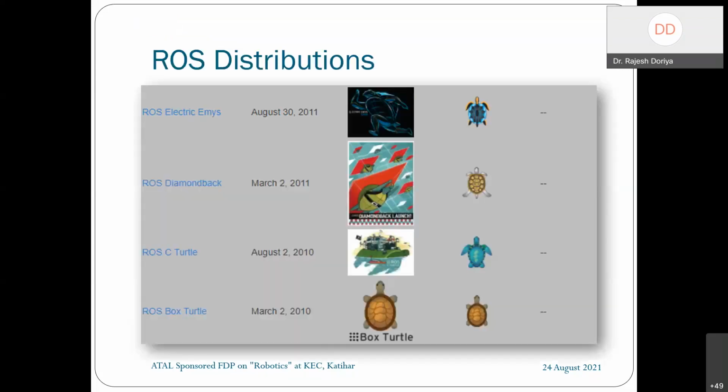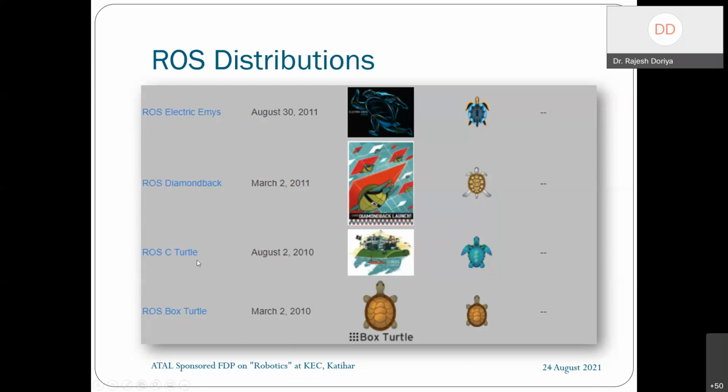So to begin with, towards the implementation part, if we talk about the distributions of the robot operating system, there are a number of distributions which you can use. It all started way back in 2010, and the first distribution of ROS which was introduced was ROS Box Turtle.